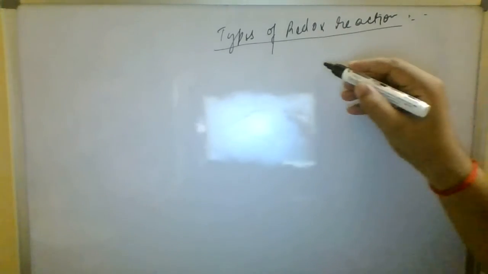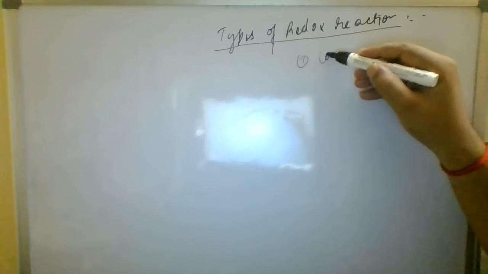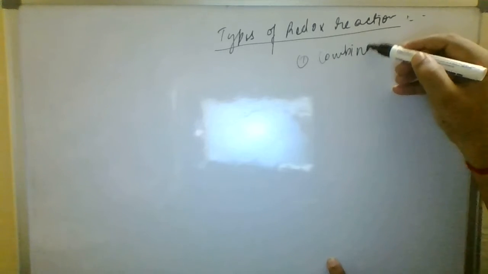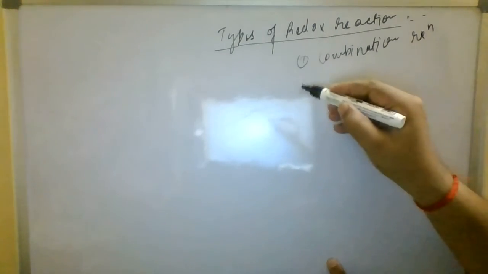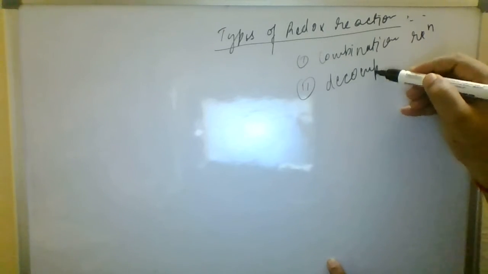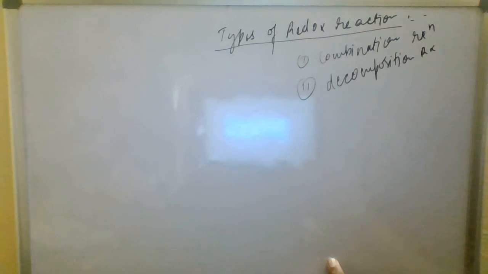Firstly, let us write the names of the types. First one is the combination reaction, the simplest type. And the second one is the decomposition reaction.